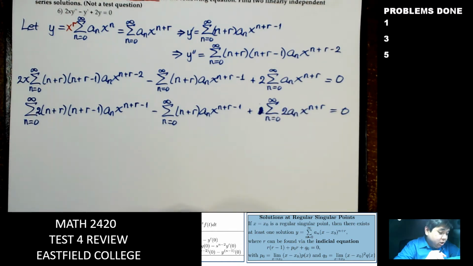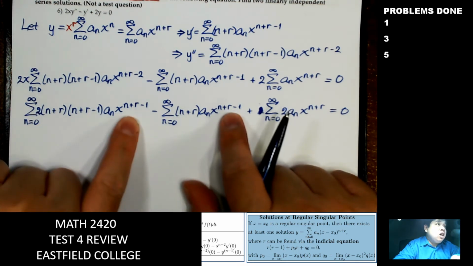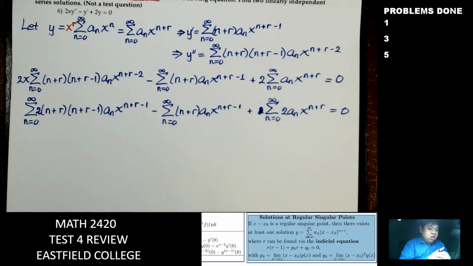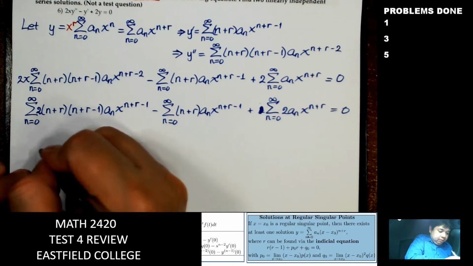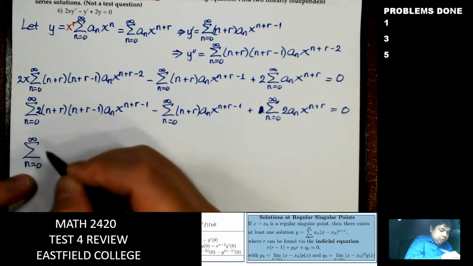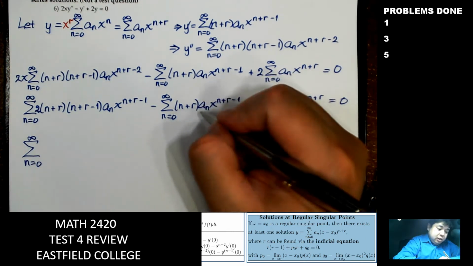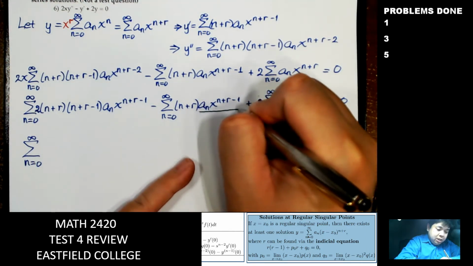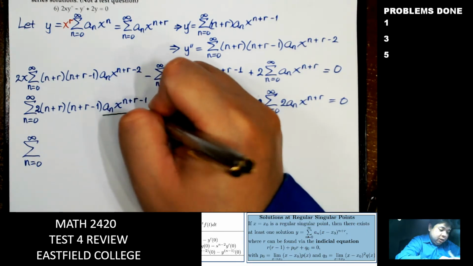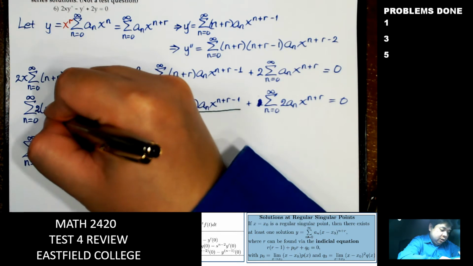Notice the first 2 terms here, the index are the same, the powers are the same, so that's very good. So let's just combine them. They have a lot of things in common. The n plus r is actually also in common.